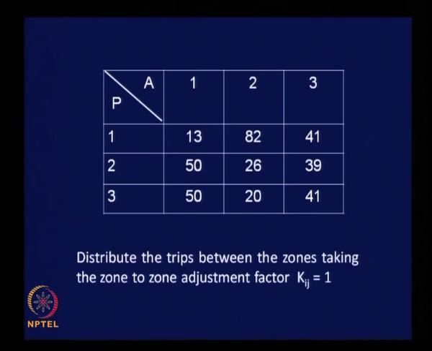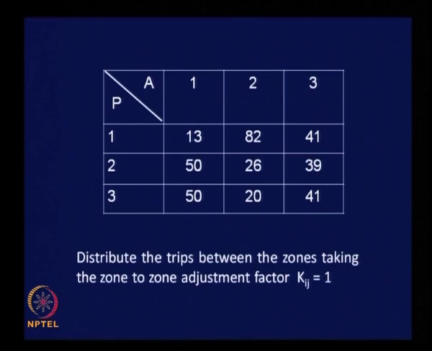And this is what we need to do: distribute the trips between the zones, taking the zone to zone adjustment factor Kij to be equal to 1. Further simplification, since we have only 3 zones, it is found there are no special socio-economic factors that give you significantly different values compared to what you will be getting by using the gravity model.